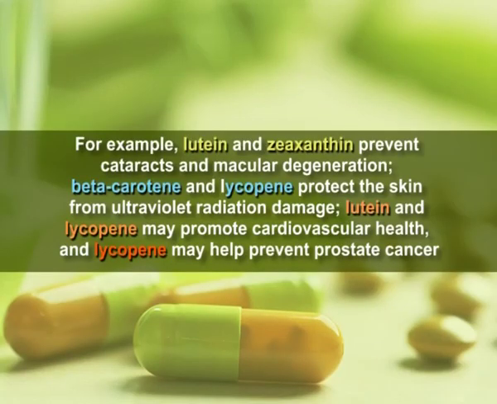For example, lutein and zeaxanthin prevent cataracts and macular degeneration. Beta carotene and lycopene protect the skin from ultraviolet radiation damage. Lutein and lycopene may promote cardiovascular health, and lycopene may help prevent prostate cancer.